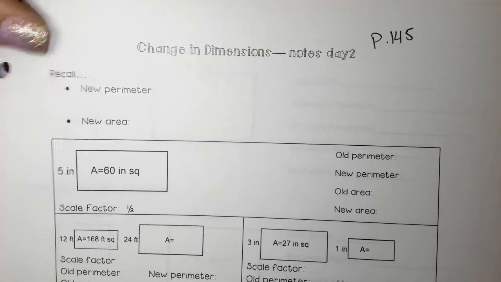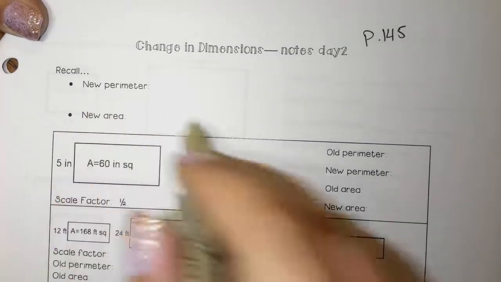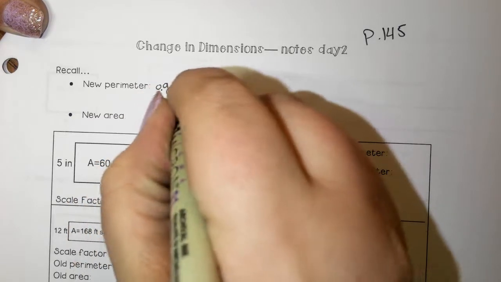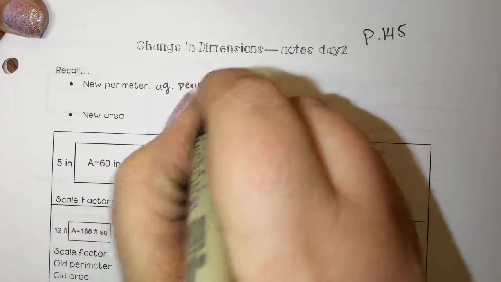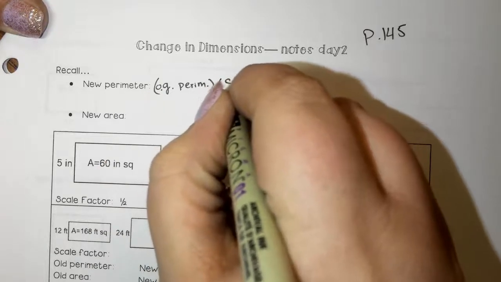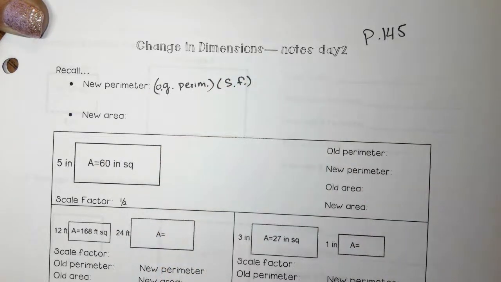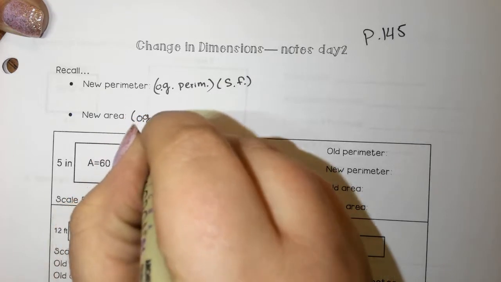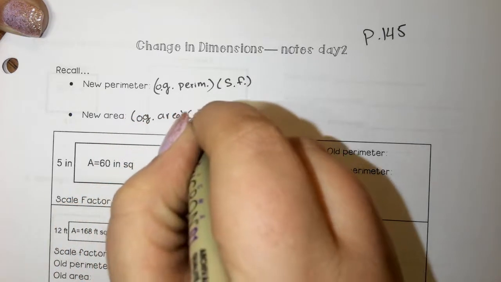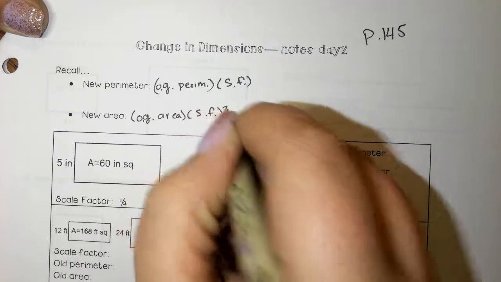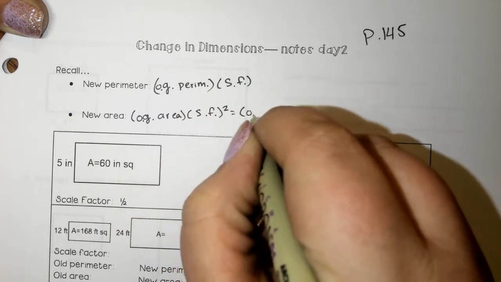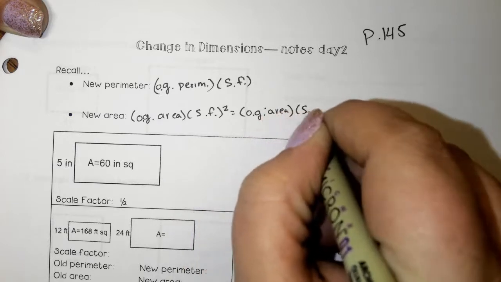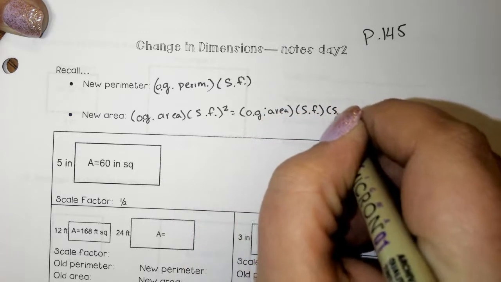Recapping, the new perimeter is found by the original perimeter times the scale factor. And the new area is found by the original area times the scale factor squared, which just tells me that's the original area times the scale factor one more time.